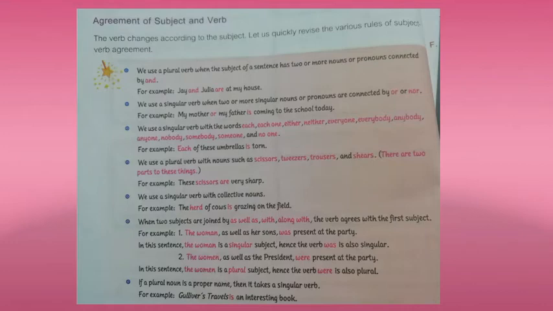The rule is we use a plural verb when the subject of a sentence has two or more nouns. Here there are two nouns, Jay and Julie, connected with and. So here we have to use the plural verb, that is are. Jay and Julie are at my house.